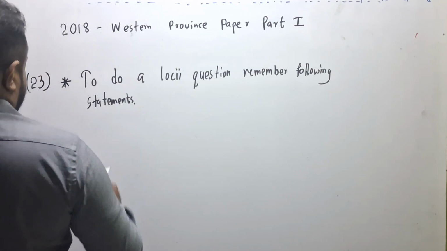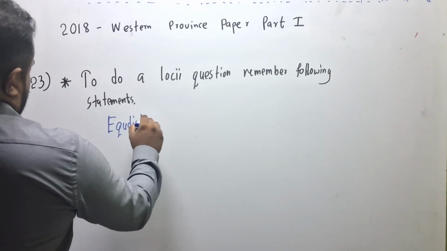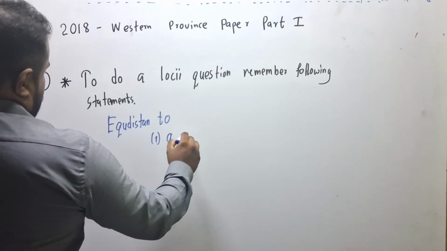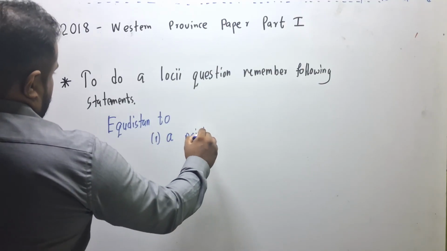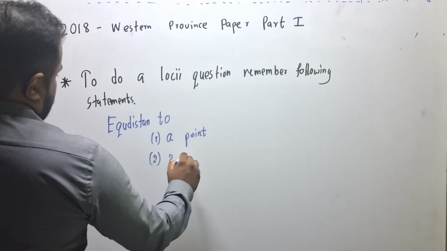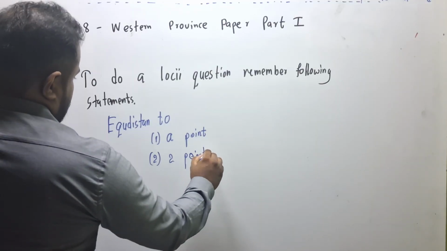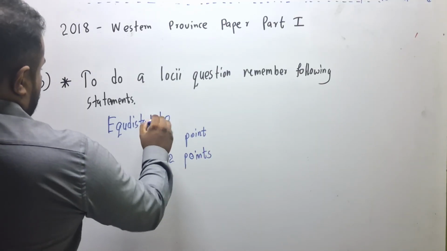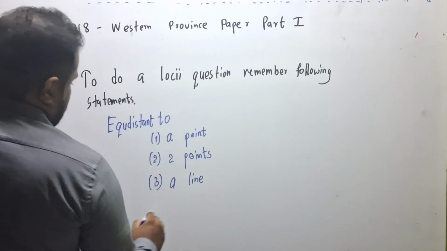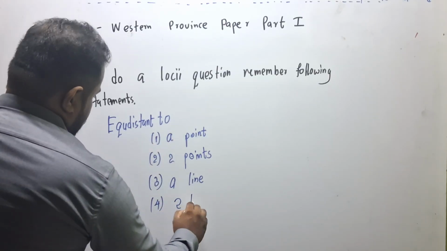Statements are: equidistant to, number 1, a point; number 2, equidistant to 2 points; number 3, equidistant to a line; 4th type, equidistant to 2 lines.